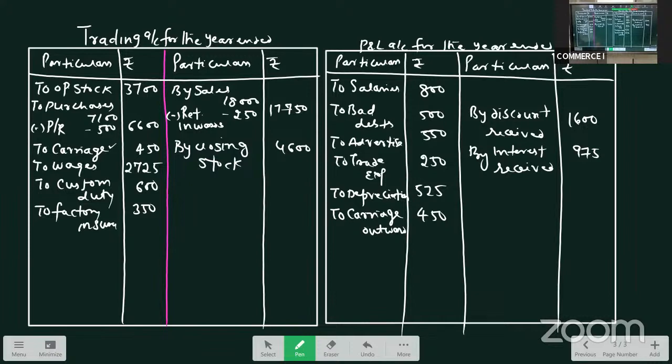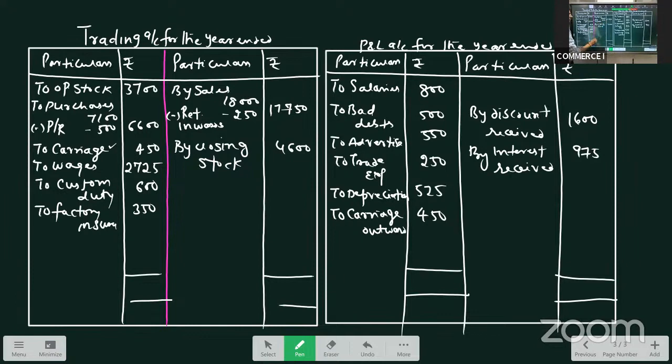Let us see what is the total on either side. What is the result of trading account? It is gross profit or gross loss. And what is the result of P&L account? It is net profit or net loss. Okay.